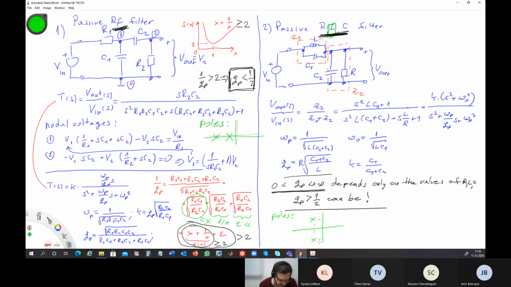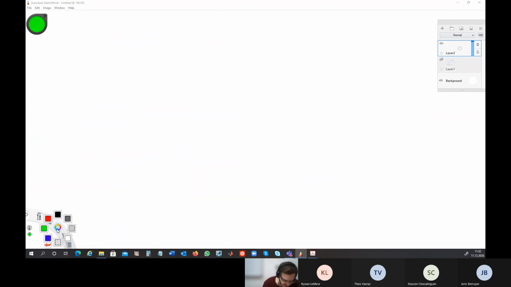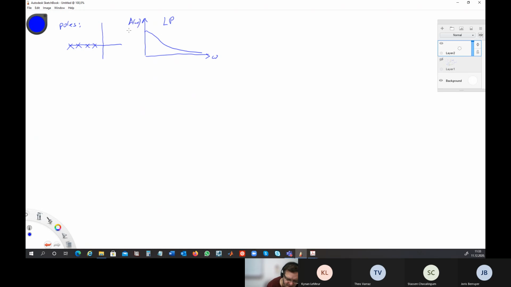characteristics? So we'll start here on a new layer. If we look at the characteristics, if we have poles like this, for example, only negative real poles, then the characteristic in the low pass case will look something like this. Not very strong. This is A of omega.